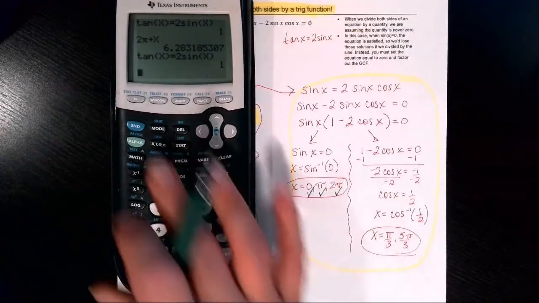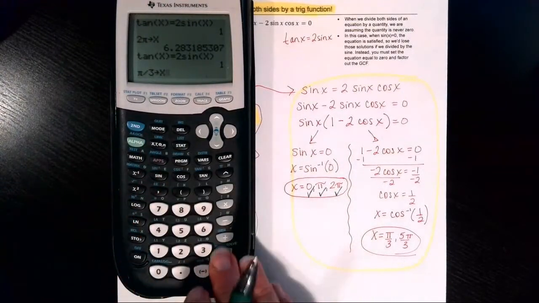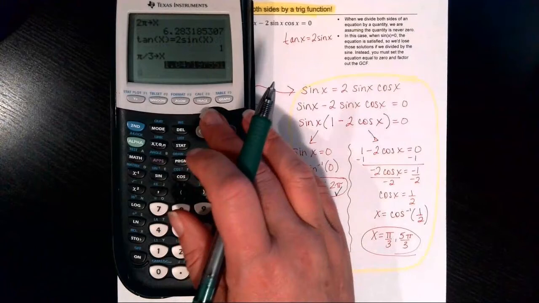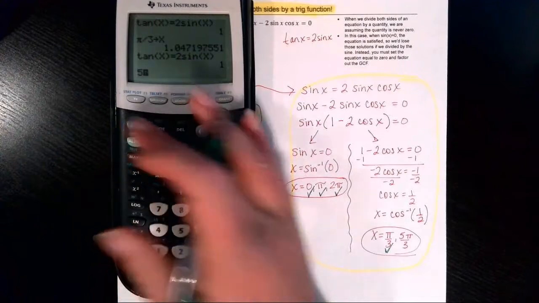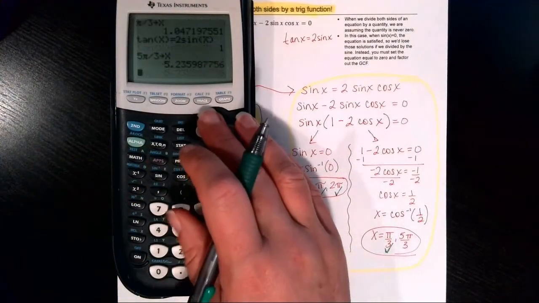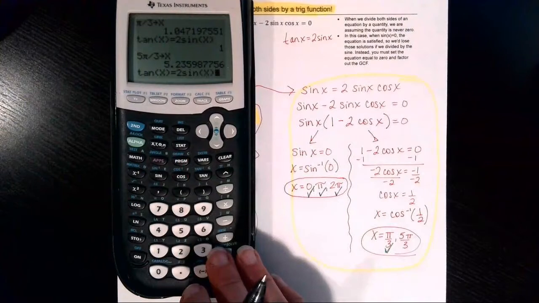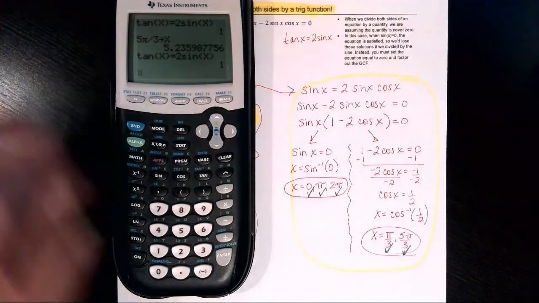Okay, then we'll check pi over 3. Store that as x. Grab that equation, and pi over 3 checks. And then last but not least, 5 pi over 3. We store that as x. Grab that equation one more time, and 5 pi over 3 checks as well.